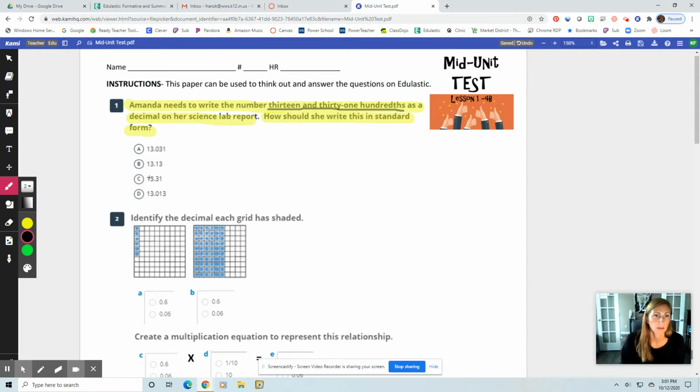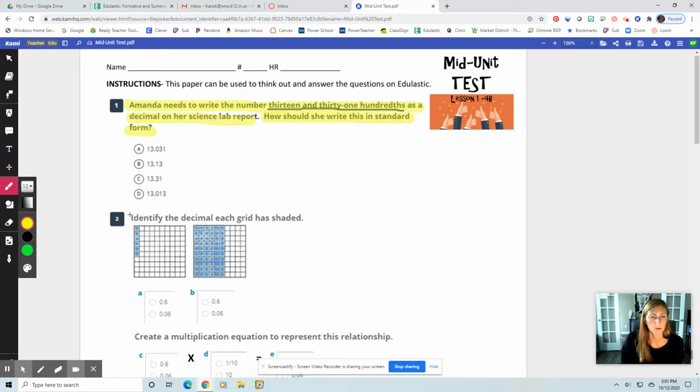You're going to pick A, B, C, or D for which one has that correctly written in standard form. You can pause if you need to answer it, and then we can move on to the next question.